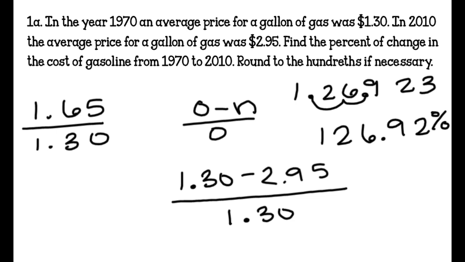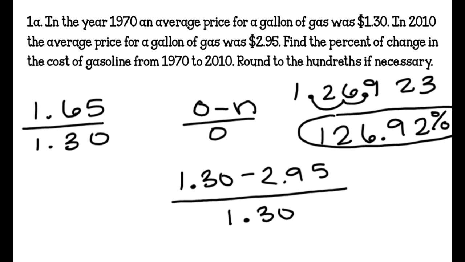Now, does that make sense as an answer? Yes, because if I take $1.30 plus $1.30, I would get $2.60. So that would be 100% change, and then there's still more on top of that. So 126% change makes absolute sense.